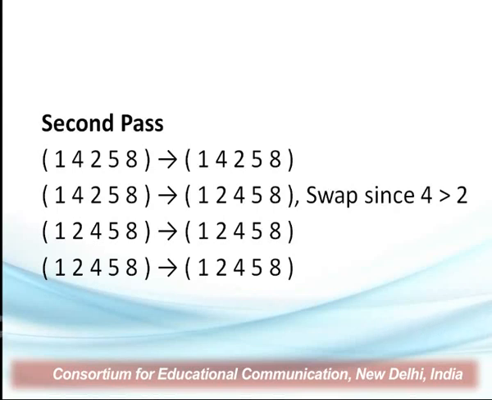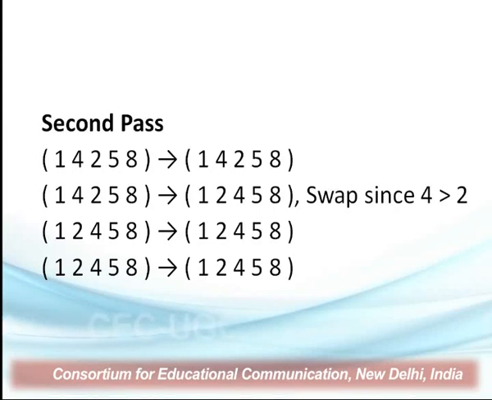Now, in the next iteration within that particular pass only, the comparison takes place between 4 and 2. So, now 4 and 2 not correct. So, it will be swapped. Now, it will be 1, 2, 4, 5, 8. That means elements are swapped because 4 is greater than 2.